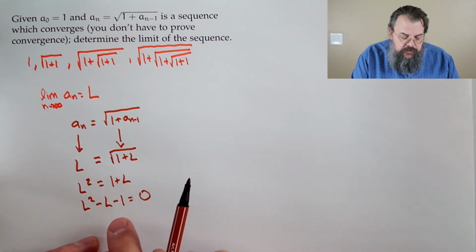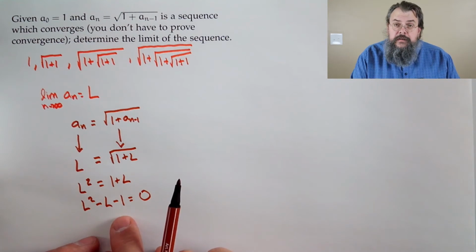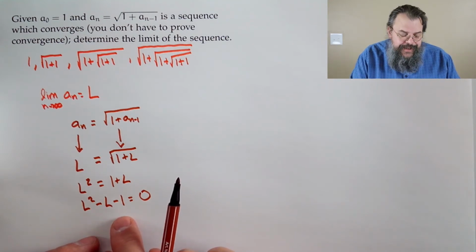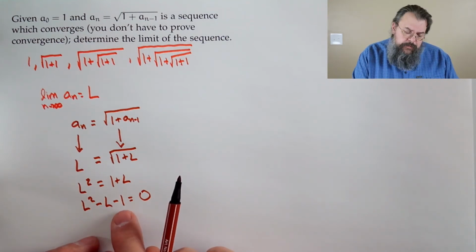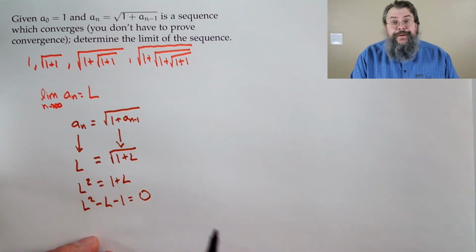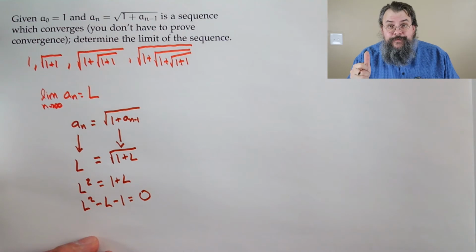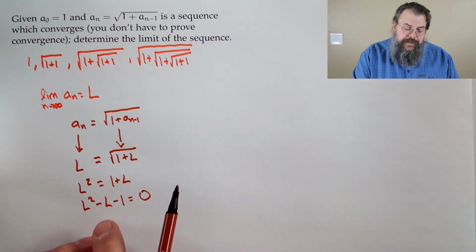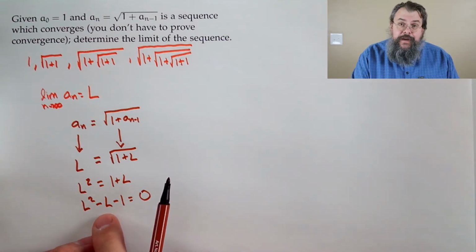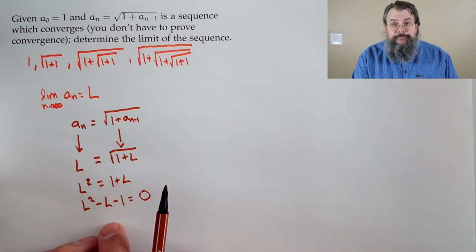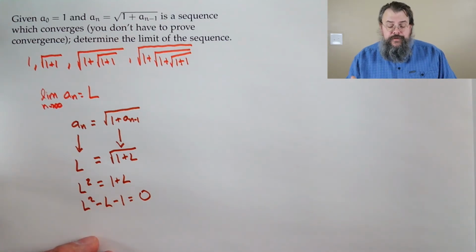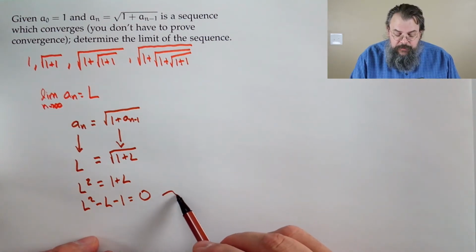And does it factor? I don't think so. See, the problem is you have to find two things that multiply together to give you negative 1. Only one way to do that, positive 1 and negative 1. They don't add up to minus 1, they add up to 0. So it doesn't factor. But we can still find the roots. We can use the quadratic formula.